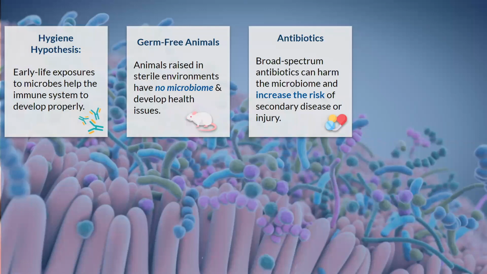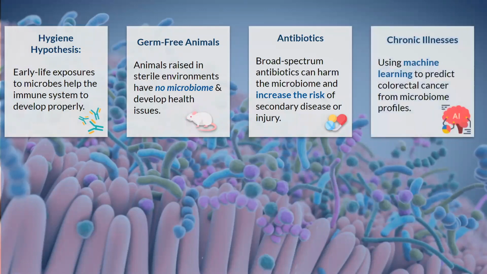So what are people doing with microbiome data? Well, one thing that I read a lot about during my master's project was people using a type of artificial intelligence called machine learning to classify and even predict the risk of colorectal cancer from someone's microbiome profile.